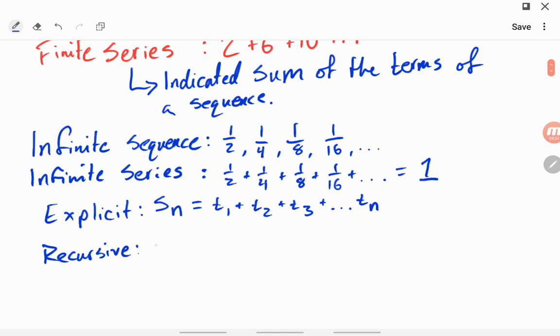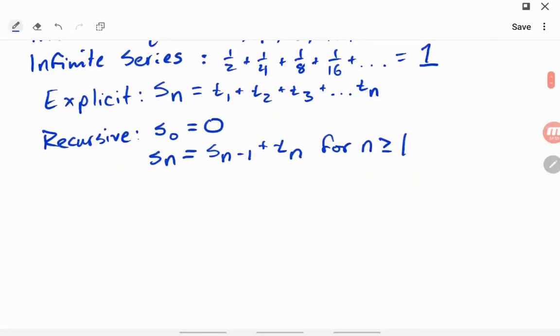The recursive definition gives you your initial value and then how to find any value after that based on those initial values.